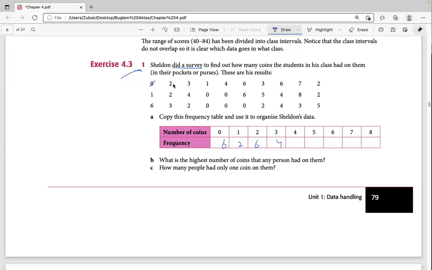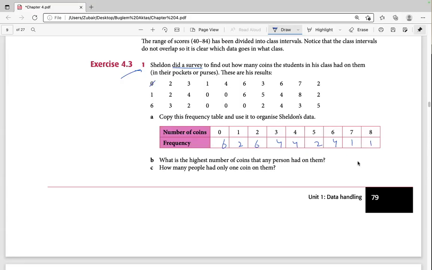The fours. 1, 2, 3, 4. Fives. 1, 2. Sixes. 1, 2, 3, 4. Sevens. 1. Eights. Only 1.